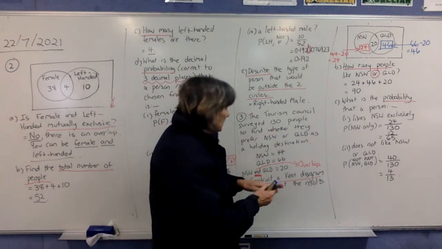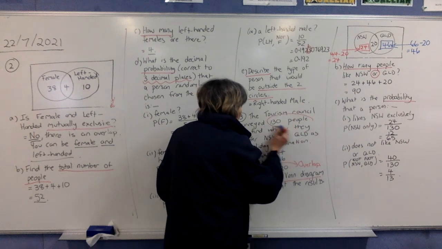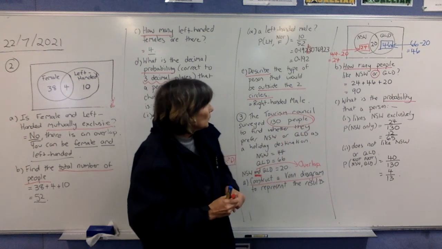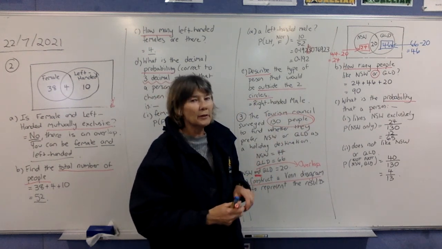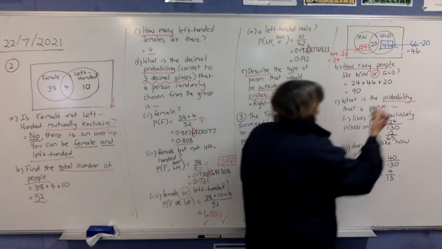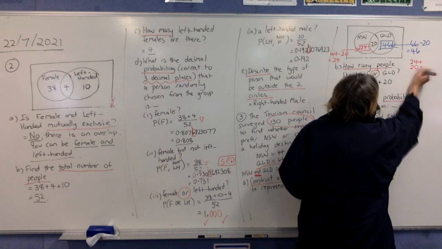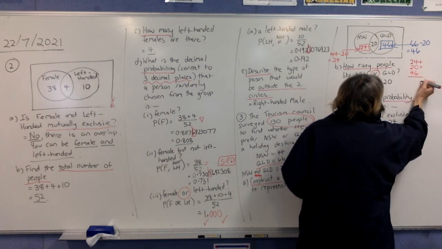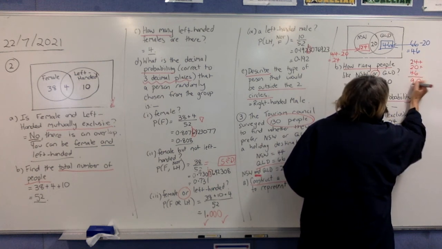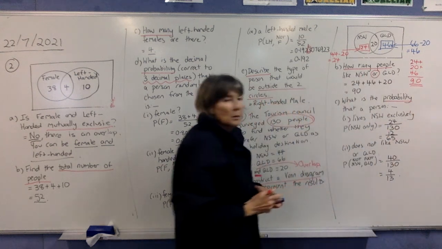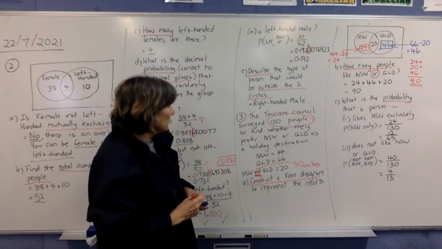that there were 130 people. And if you add up those numbers over there, you haven't got 130 people. So if I do 24 plus 20 plus 46, I end up with 90 people. So we don't have 130 people yet.